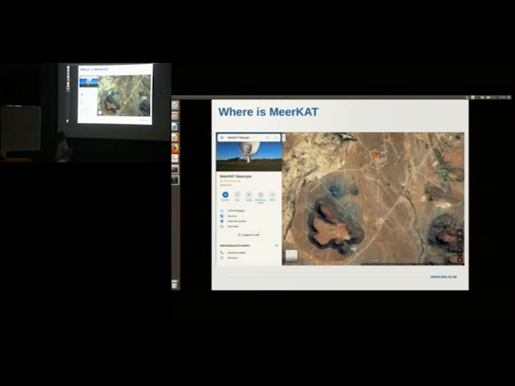Also in this picture, you can see the location of the Cat7 radio telescope, which is the precursor to the MeerKAT radio telescope. From Cat7, there's a road that goes up to this circular area, which you guys can see, and that's the location of the HERA radio telescope.